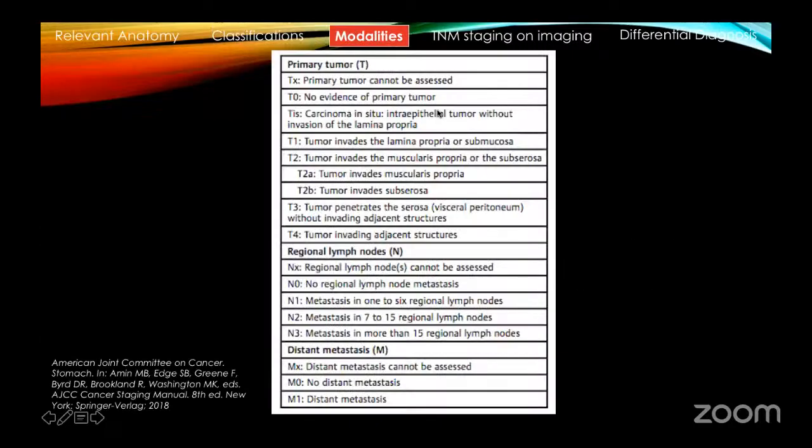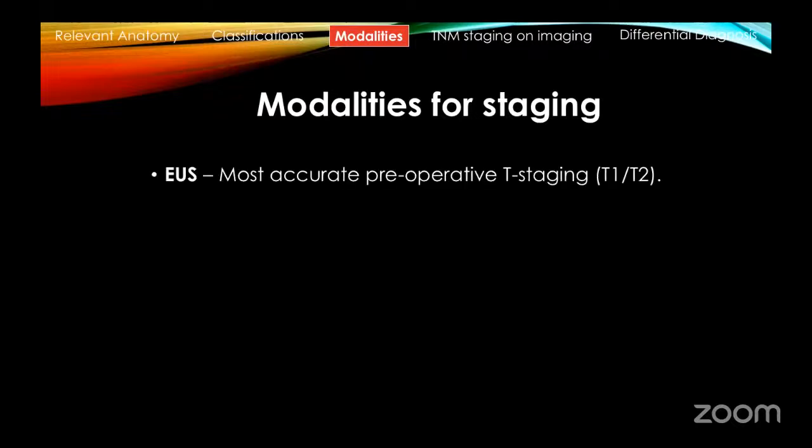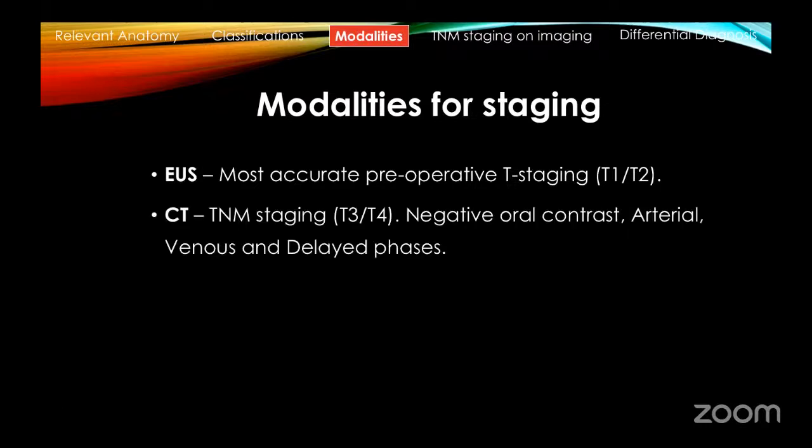So, coming to the modalities, the main intention would be to classify the gastric cancer according to the TNM stage. And the modalities for this staging would be the endoscopic ultrasound, which is most accurate for the T1 and T2 stages when the gastric cancer has not crossed the gastric muscularis. Whereas if you want to see the T3 and T4 stages, it's the CT that we rely on the most.